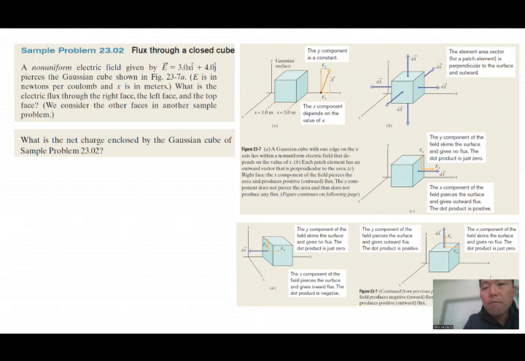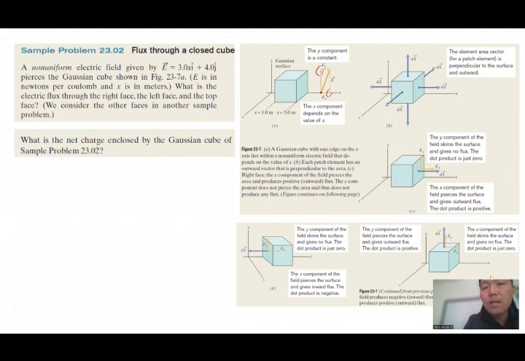So the electric field already exists in the space, pointing right and upward, as you can see here. That electric field can be decomposed into an x component along the x-axis and one along the y-axis.